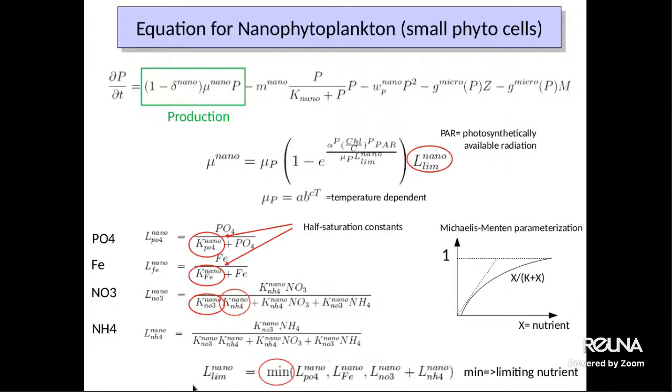That's why this L nano lim is the minimum of these different nutrient limiting coefficients. So it's not an analytical function, it's really the minimum. And this allows us to determine which one is the limiting nutrient in this situation. Okay, it's not direct. If you want to know which nutrient matters most for the growth here, you have to compute these different parameters to identify which one is limiting the growth.